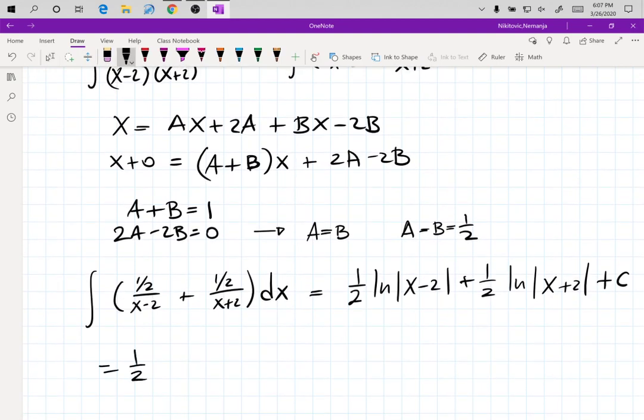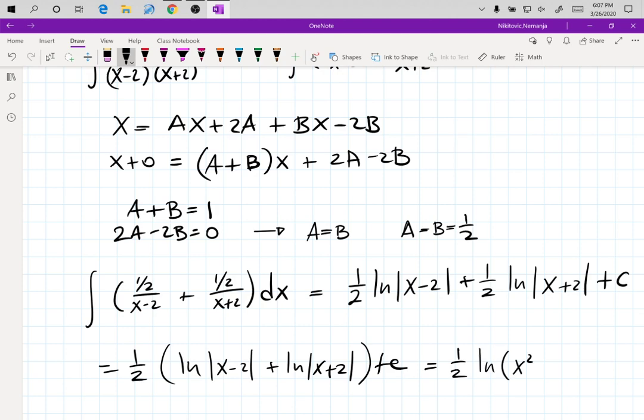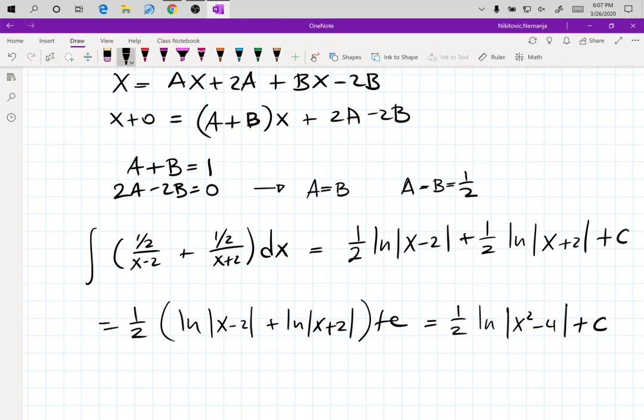Factor out 1/2, you get ln of x minus 2 plus ln of x plus 2 plus c, and that condenses into a single ln of x squared minus 4 plus c. Because when you have addition of ln's, their arguments multiply. When you FOIL it, you will get x squared minus 4 because it's a difference of squares.